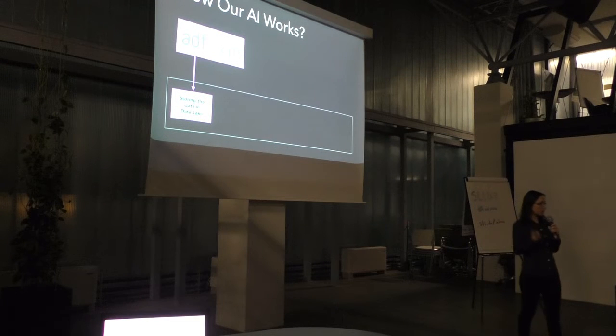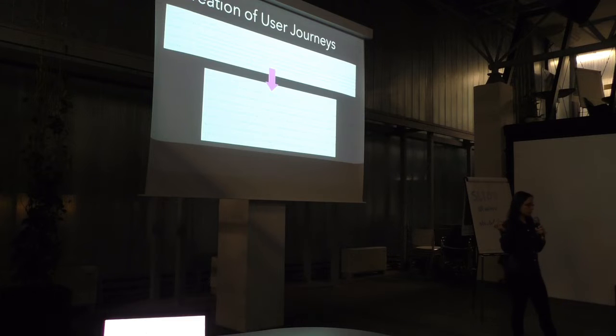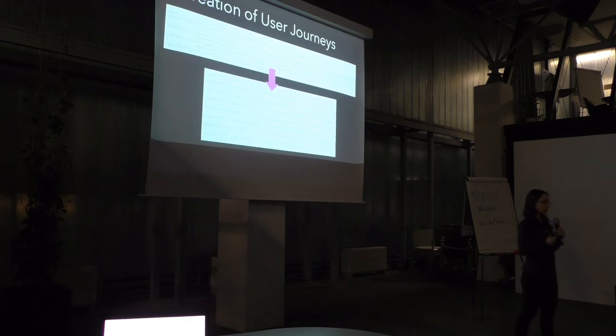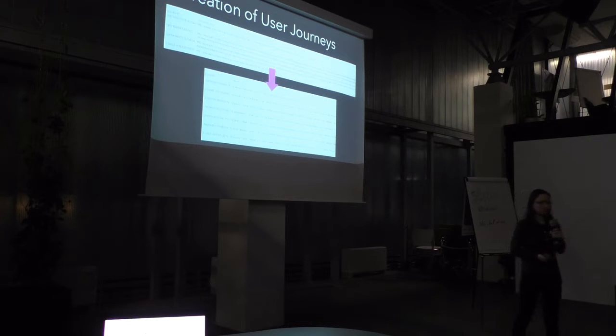So now a little overview of how AI works. We download the data from AdForm into our data lake, and we pre-process the data so that we obtain what we call user journeys. So we process the URLs that a cookie has visited to obtain a list of tokens that represent the cookie's interests and topics that the cookie might be interested in.